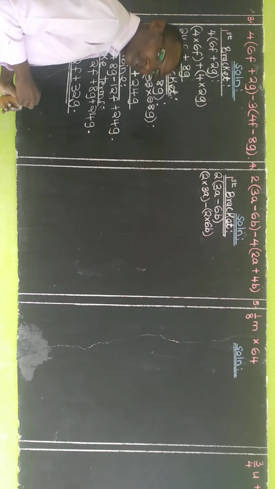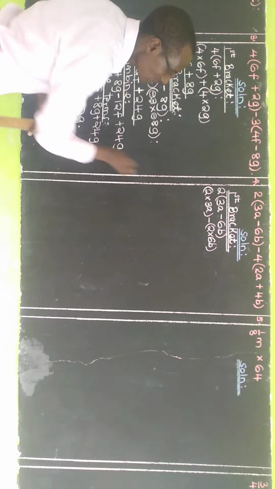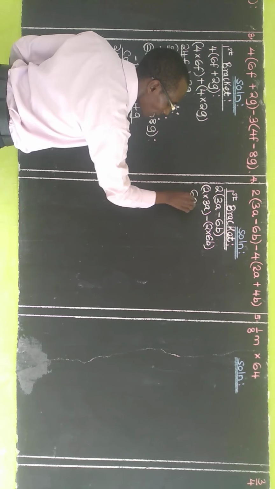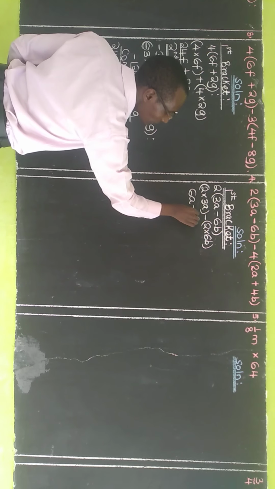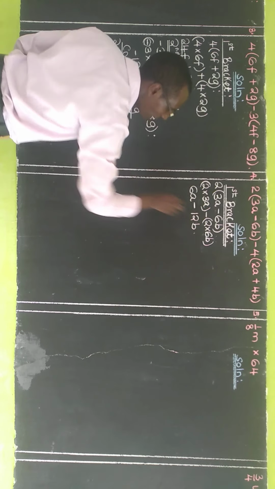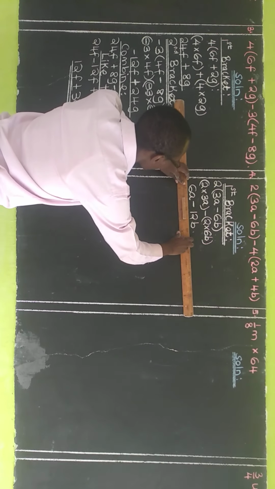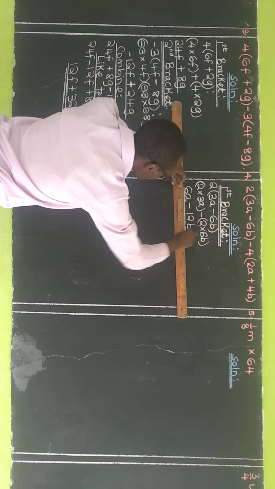So 2 times 3a gives you 6a, minus 2 times 6b gives you 12b. The result for the first bracket is 6a minus 12b.